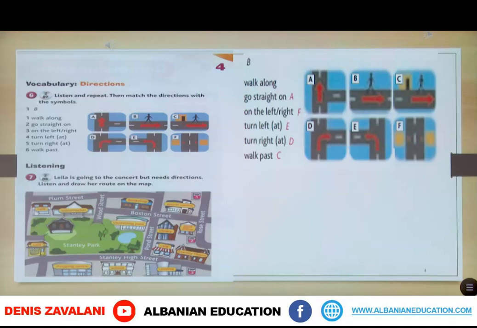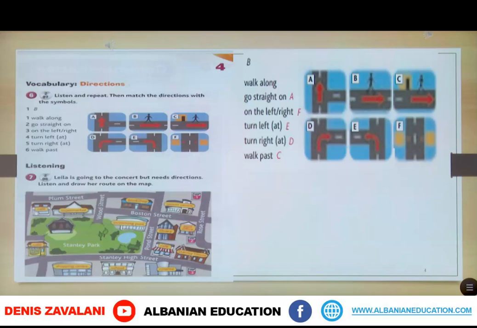Now, since you got the directions, how to use the phrases to direct someone, in exercise 7 you have Layla talking to her friend, who wanted to go to Sophie's concert, if you remember from the last video.